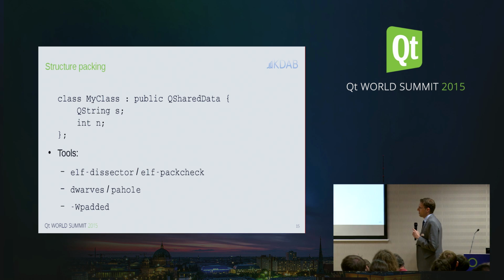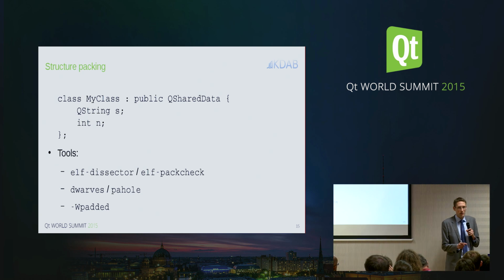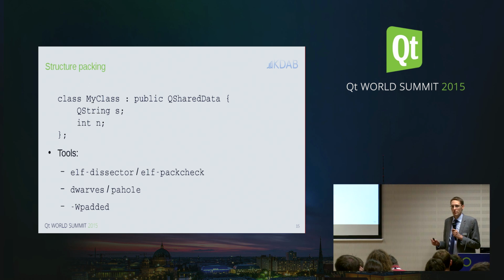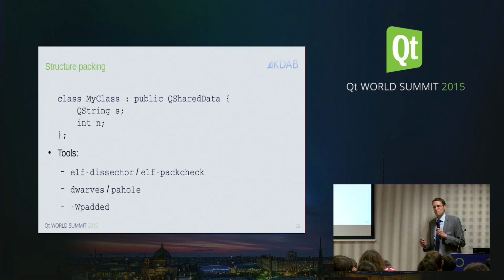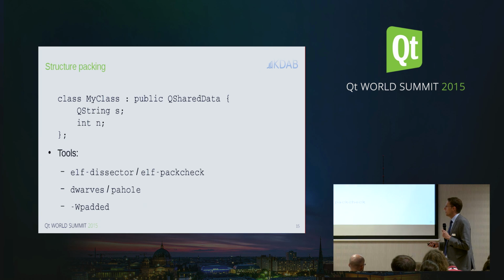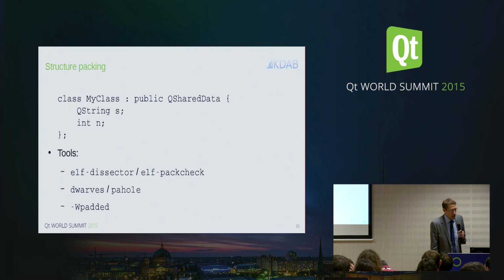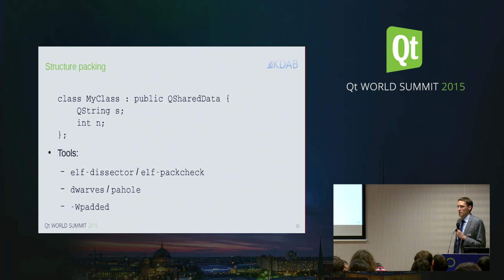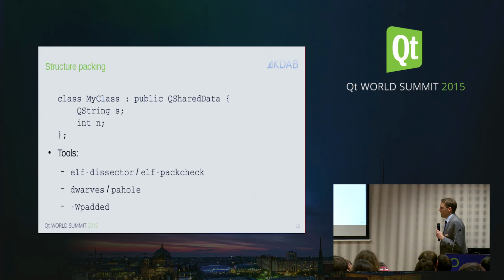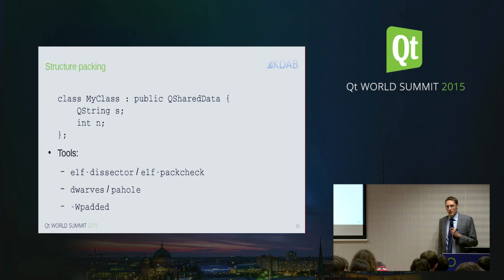And that's information you can extract from the debug information, because the debugger needs to know the exact memory layout in order to show you the values at runtime when you are debugging. And again, there is a number of tools that can do this. The elfpackcheck part of Elf Dissector is the one that seems to work best with C++ classes.